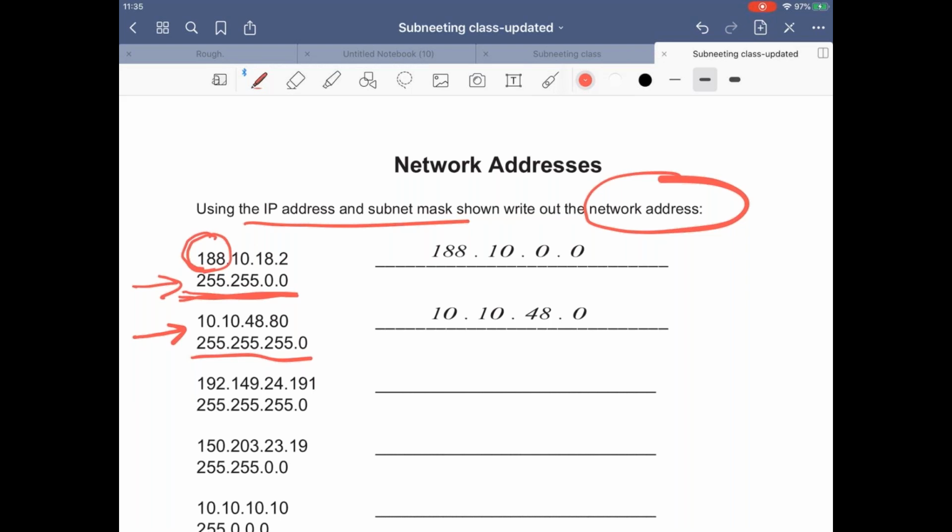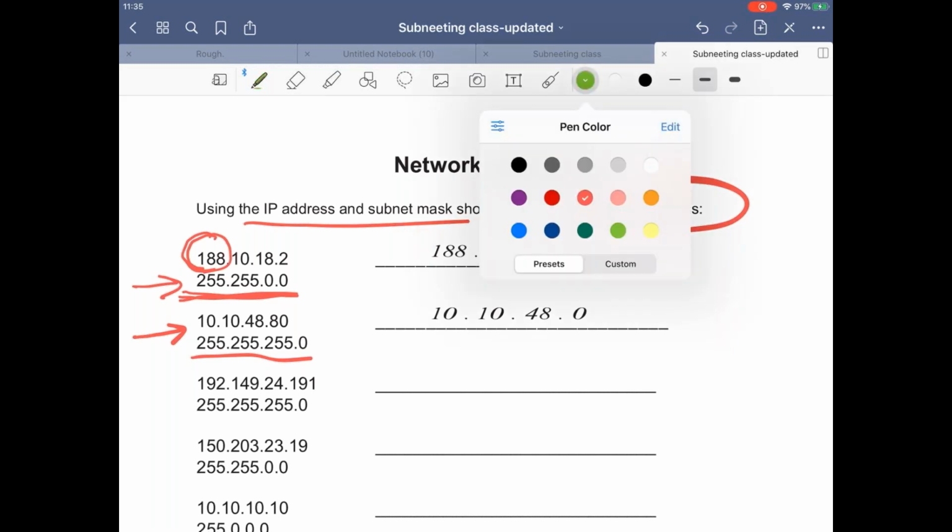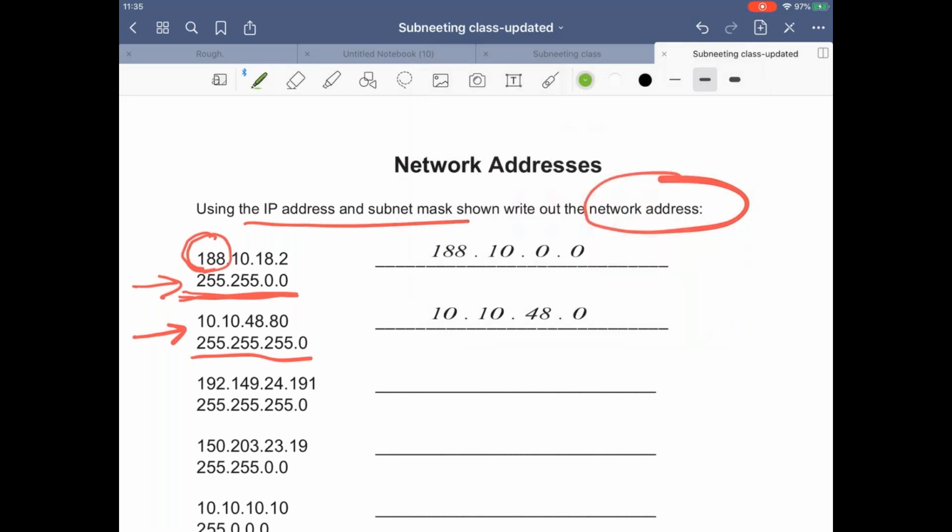10.10.48.80. If I do not see the given subnet mask, I would draw the green line, okay. If I'm not seeing the subnet mask of this IP address, then definitely it belongs to class A, because I am checking with the help of the first octet.